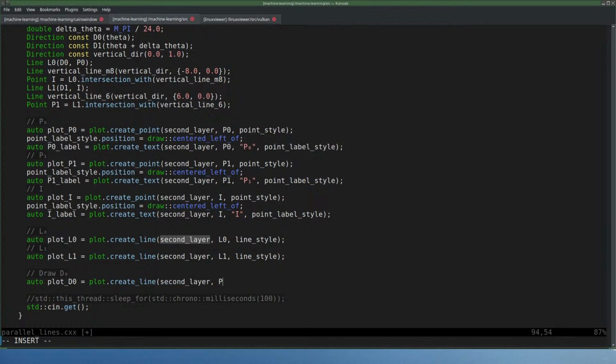So this goes from P0 to P0 plus D1. I'm not sure I can do this, probably not, but then I'll have to add it. Plus D0, that would be nice.